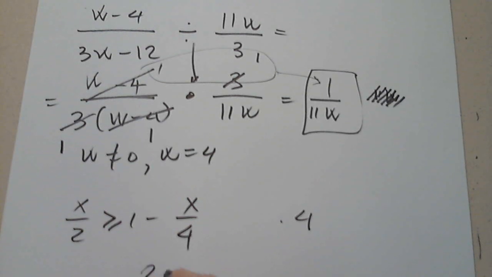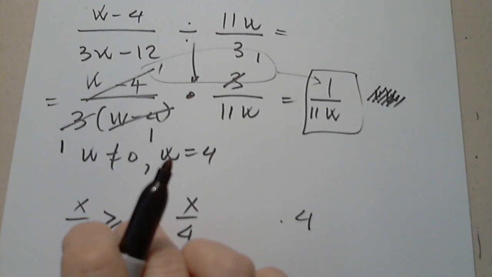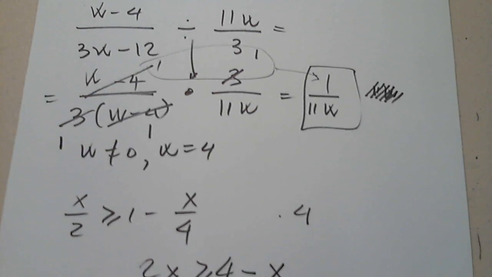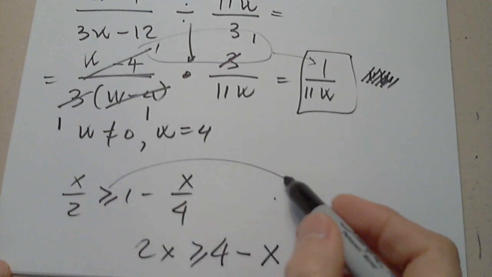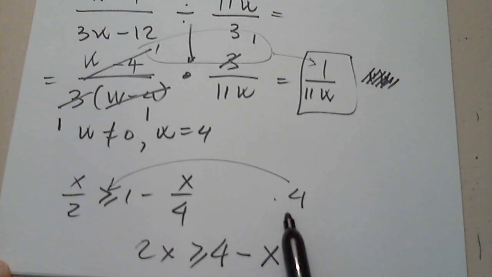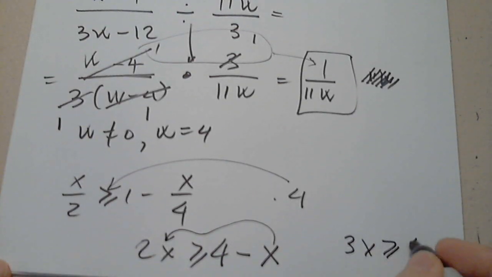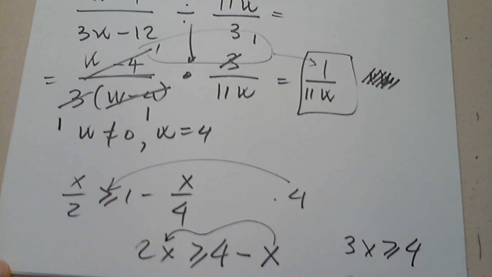This by 4 gives me 2x. This by 4 gives me 4. And this by 4 gives me negative x. I do not switch the inequality symbol because I multiplied by a positive number. It has to stay the same. Of course, I have to bring x to this side, so I have 3x greater than or equal to 4. And now I have to divide by 3.